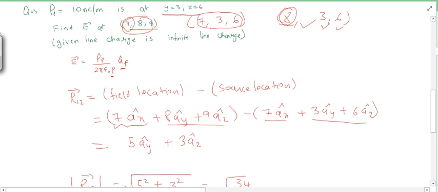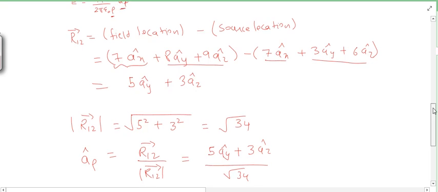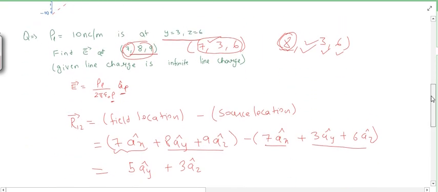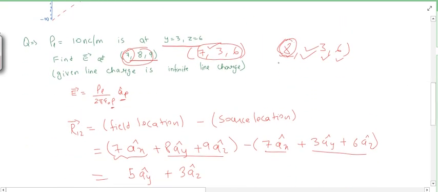So you can directly find the values at this point and this point. It will be the same for every location on the x-axis. So the value of E will remain the same for every coordinate if we change only x. It is independent of the x value if the line is parallel to the x-axis, and if it is parallel to the y-axis, obviously it will be independent of the y value, and so on.